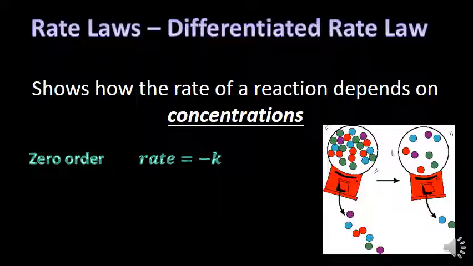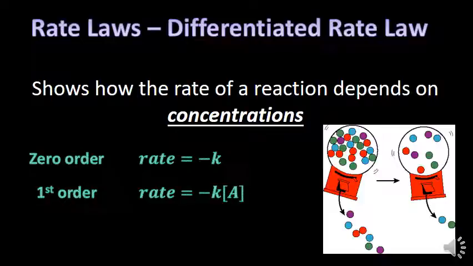Differentiate that, and then you get the slope, m, which is what this is saying. What you guys need to know is a zero order rate law looks like that. Yep, that's one of those things you do need to know. The first order rate law looks like that, which makes sense because if you take it and square it and differentiate it, it comes down to the first, right?